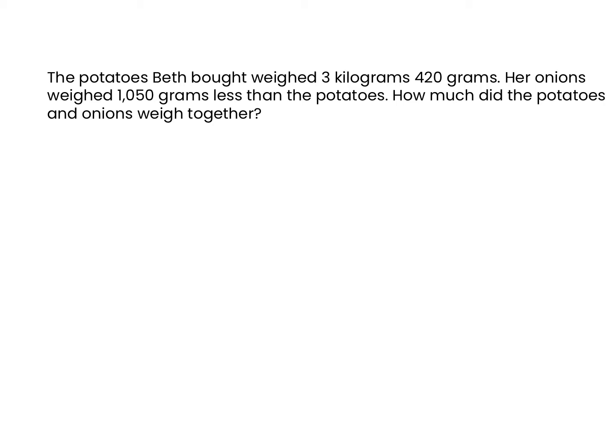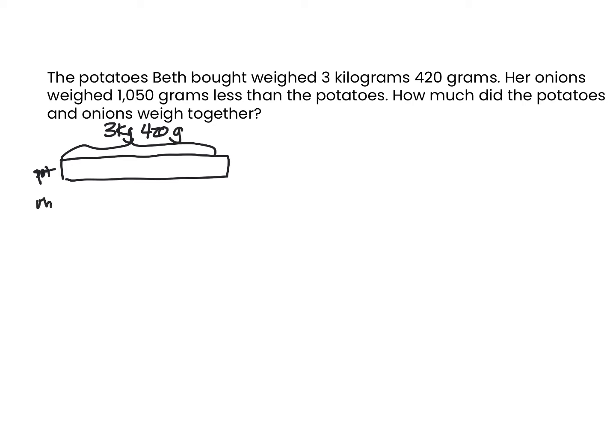So let's start off with our tape diagram. And we'll start off with our potatoes here. I'm just going to put POT for an abbreviation. And those potatoes weighed 3 kilograms, 420 grams. And then her onions weighed 1,050 less.